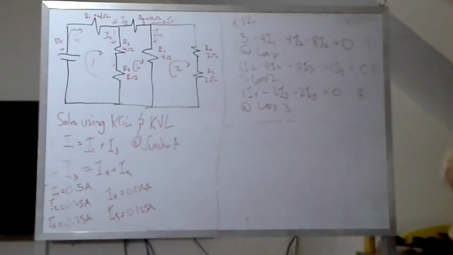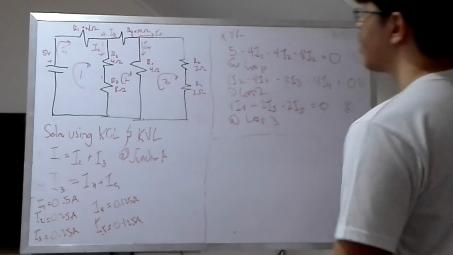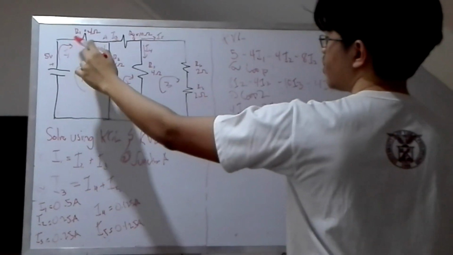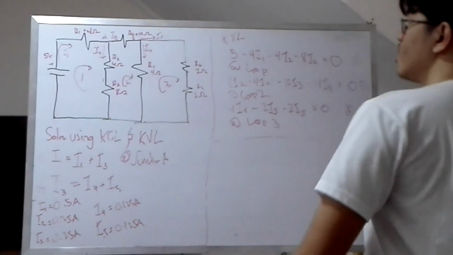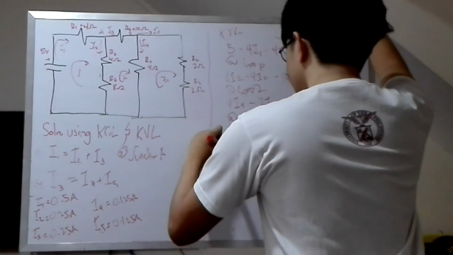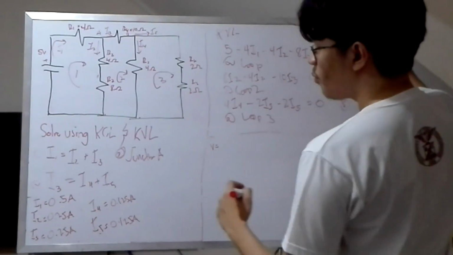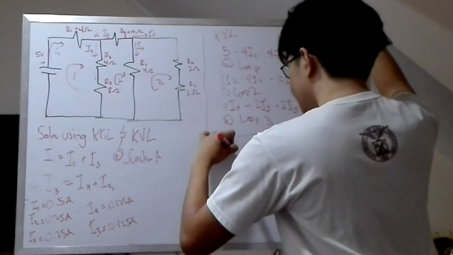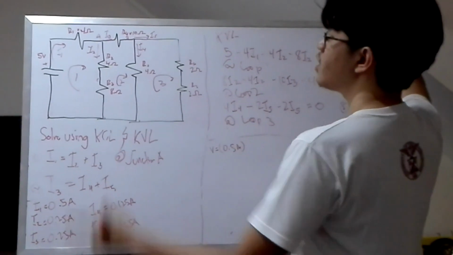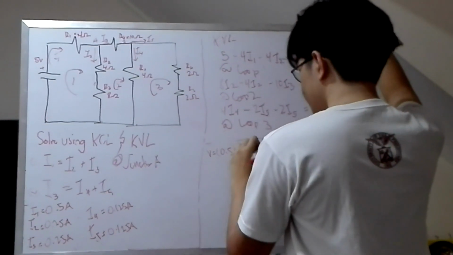Alright, we're now going to use Ohm's law in order to get the voltage across each resistor. So the voltage across R1 will be equal to the current I1 times R1. I1 is 0.5 amps and R1 is 4 ohms.